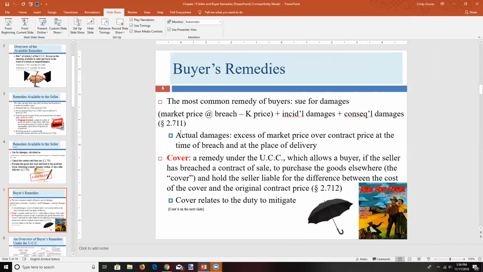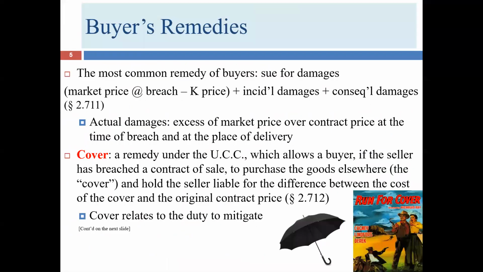Now we're going to consider the buyer's remedies. The most common of the buyer's remedies is to sue for damages. So again, we have the market price at breach less the contract price. Before we do this, let's consider the buyer's circumstances.